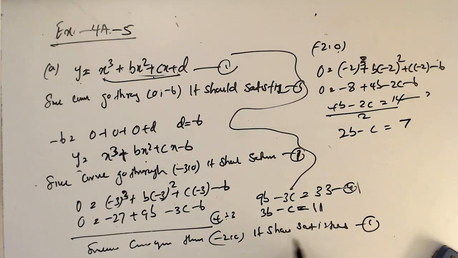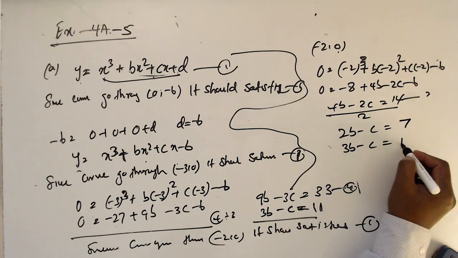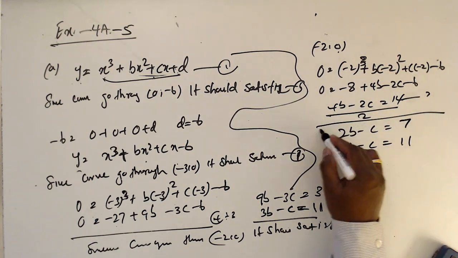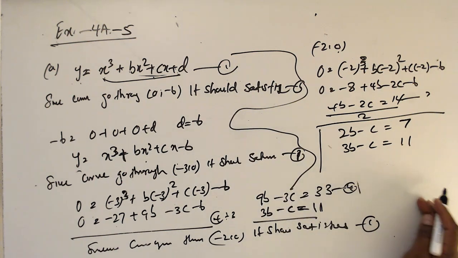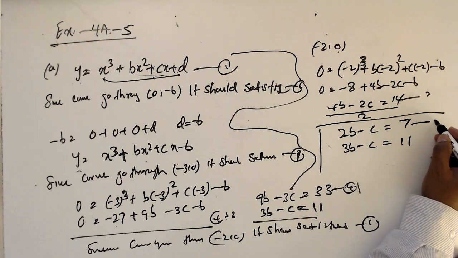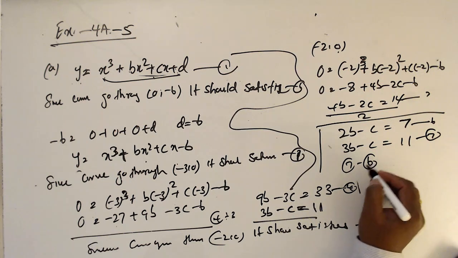Now I have two equations. 3b minus c equals 11 and 2b minus c equals 7. Right. Now I need to solve and get c and b. I will subtract 7 minus 6.